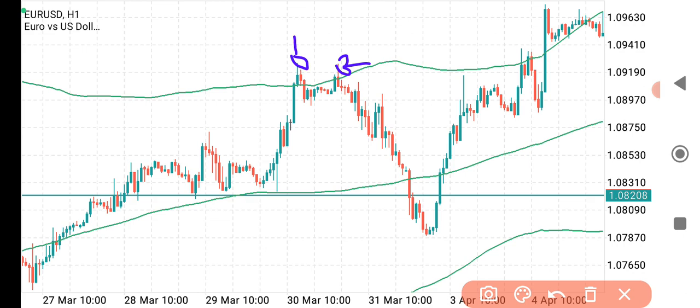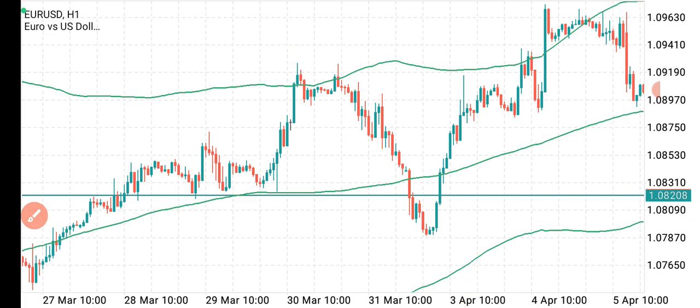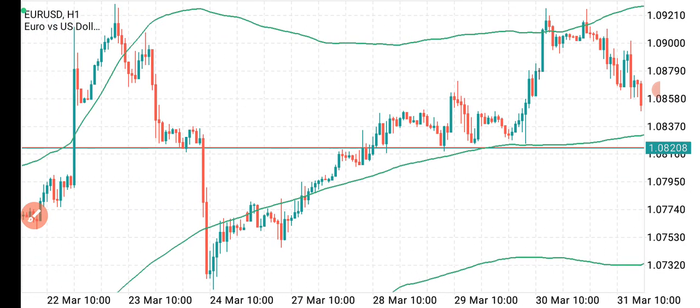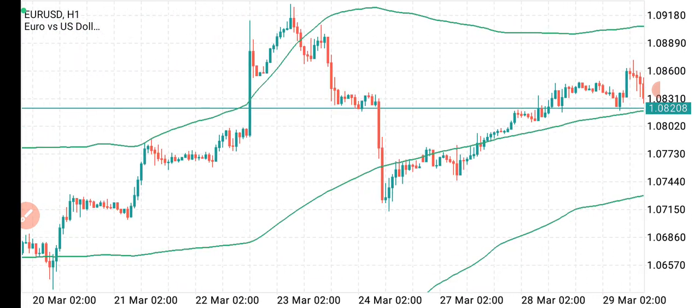And you are looking for a candlestick pattern, the pin bar or your engulfing candle. So you have laid down rules now that will guide you all through your trade.